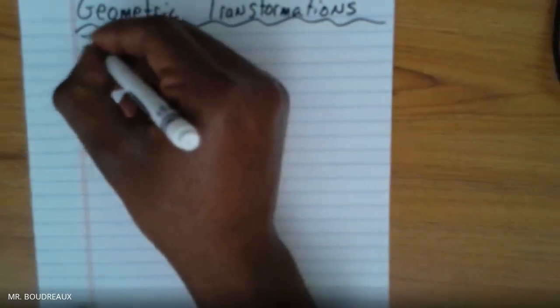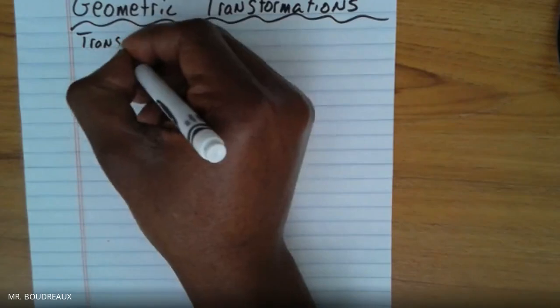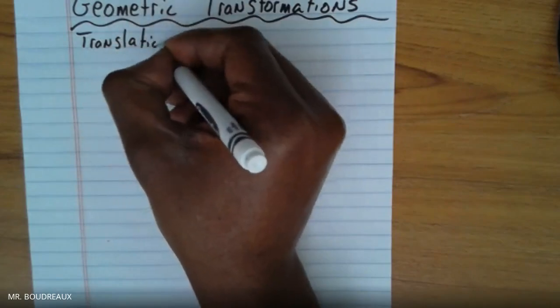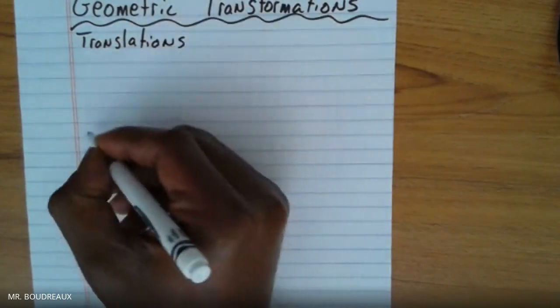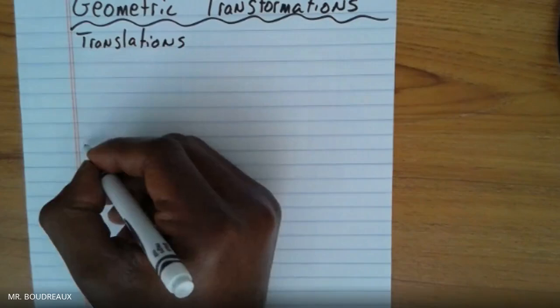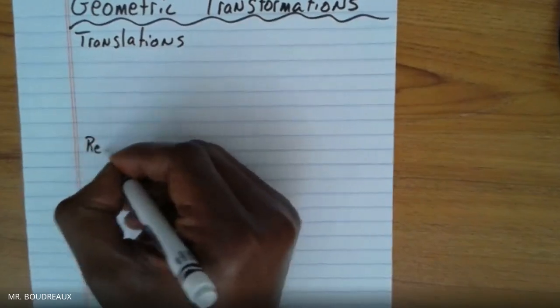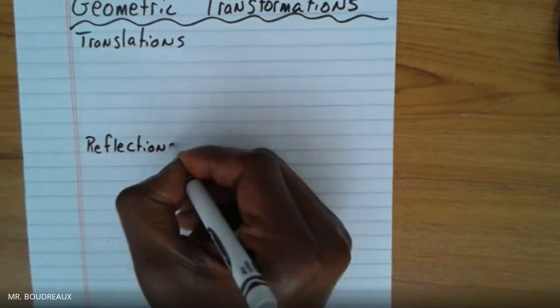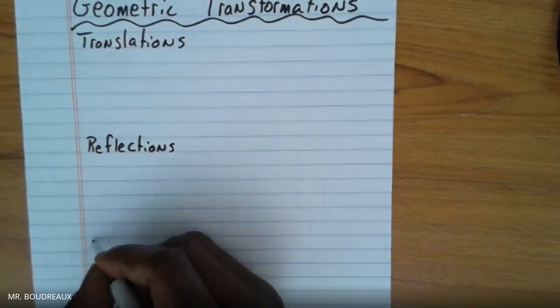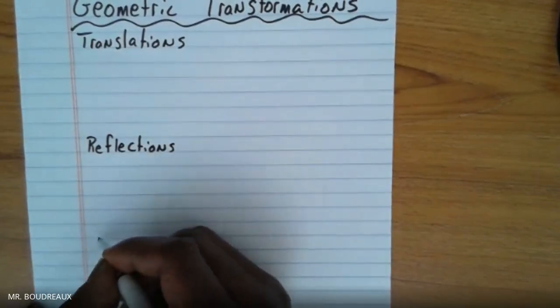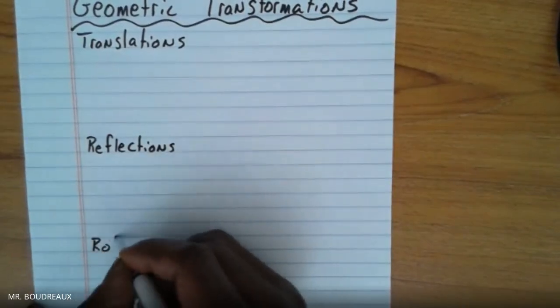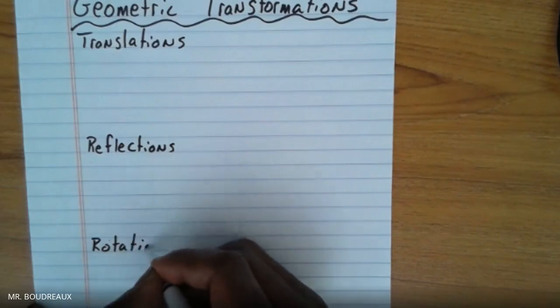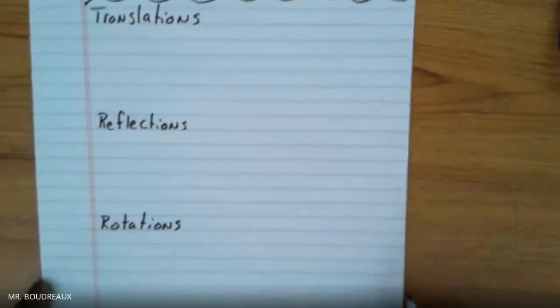There are four ways that your shapes can change, that you'll be discussing in this unit, I should say. That's going to be translations. Then you have reflections. You can't forget about rotations. And then last but not least, you have probably my favorite, dilations.